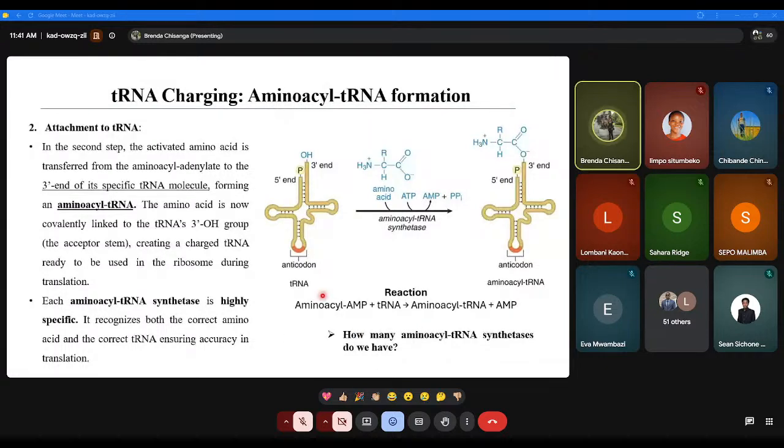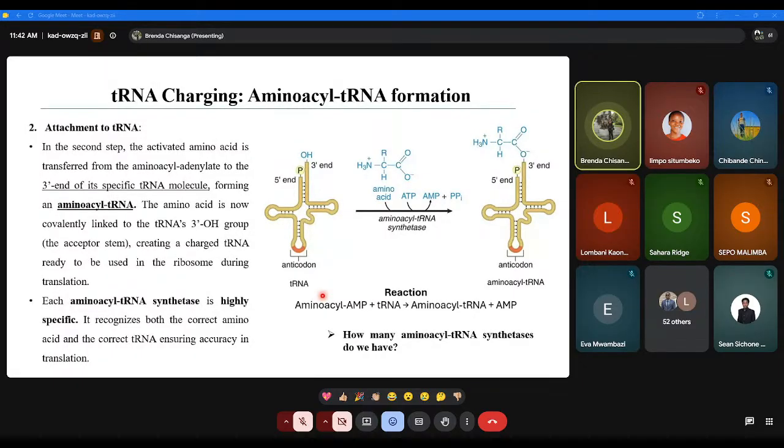Okay, now, how many amino acid tRNA synthetases should we have? So think about it. Why am I asking this question? We are saying that at each point, an amino acid has to be selected from the pool of other amino acids in the cytoplasm. We have 20 amino acids that naturally exist, isn't it?